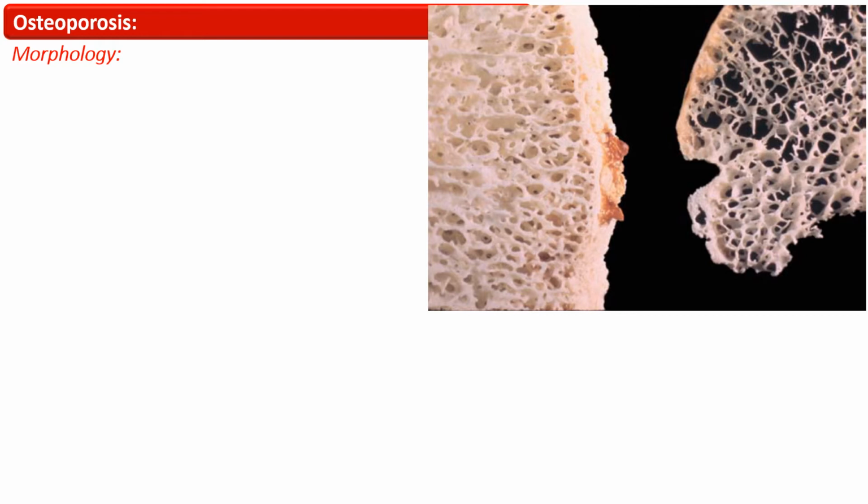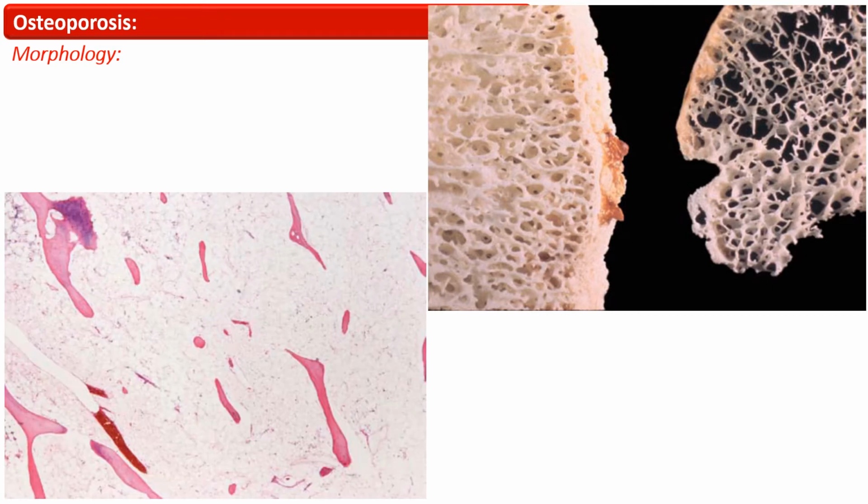This extreme right picture is showing that this is an osteoporotic bone, and it is very much spongiotic, very much decreased in density as compared to the normal one. On histology, there is loss of connection in bony trabeculae, and these bony trabeculae are also decreased in number and also decreased in size.